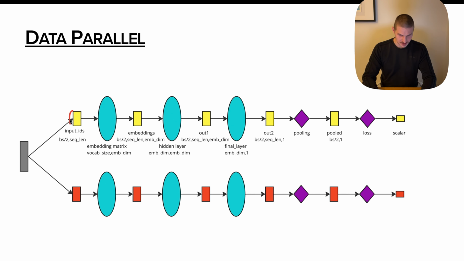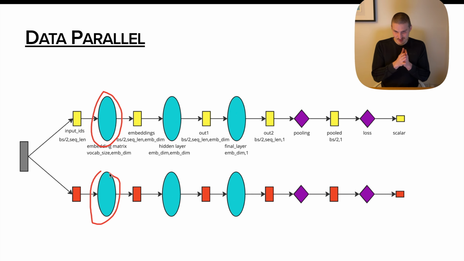And so we can see that input IDs and intermediate outputs here, here, and here are all independent. What we have in the red one here does not intersect with what we have in the yellow one here. And all the layers of the model, so embedding layer, hidden layer, final layer, they all get copied around. So this first executor on the top has exactly the same version of the embedding matrix as the one on the bottom. So we basically split the data into two parts.